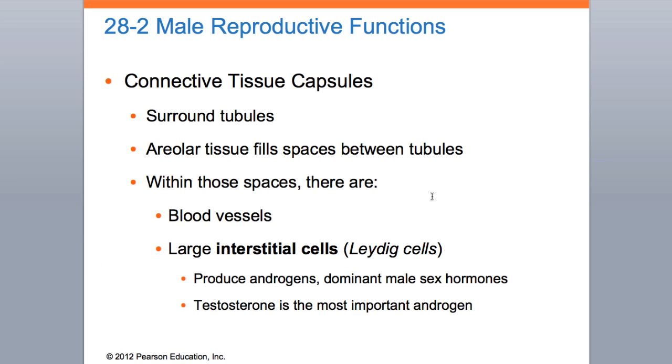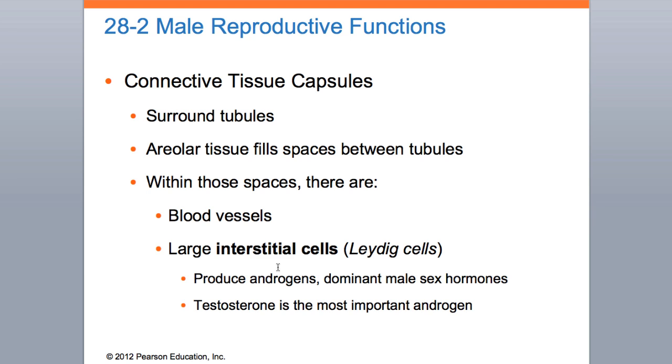Okay, now this is looking into the surrounding area around the tubes. So you do have tissue around your tubules. That tissue space is called interstitial cells. Some people call it by the other name, which is the Leydig cells.